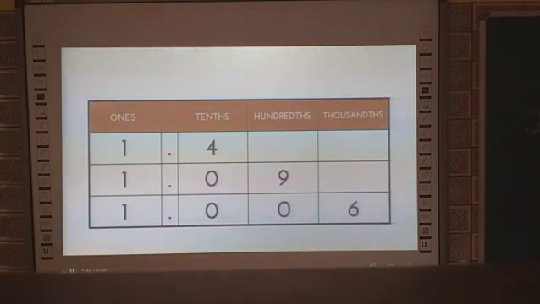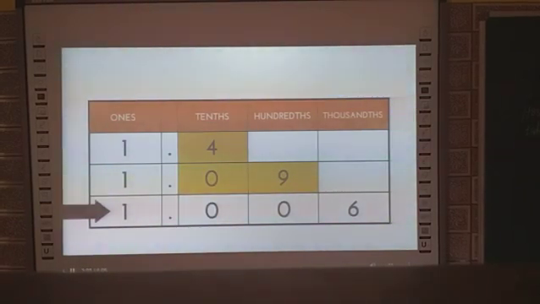Let's give it a go with these three decimal numbers. As you can see, the first decimal number has one place value to the right of the decimal point, while the second number has 2, and the third has 3. They look quite different, don't they?